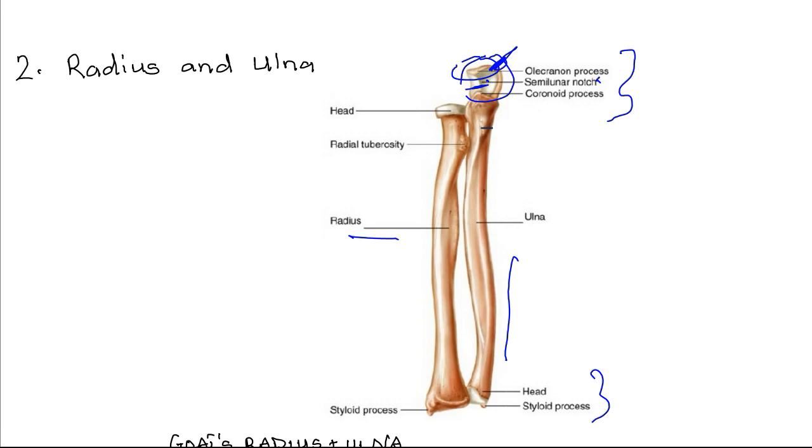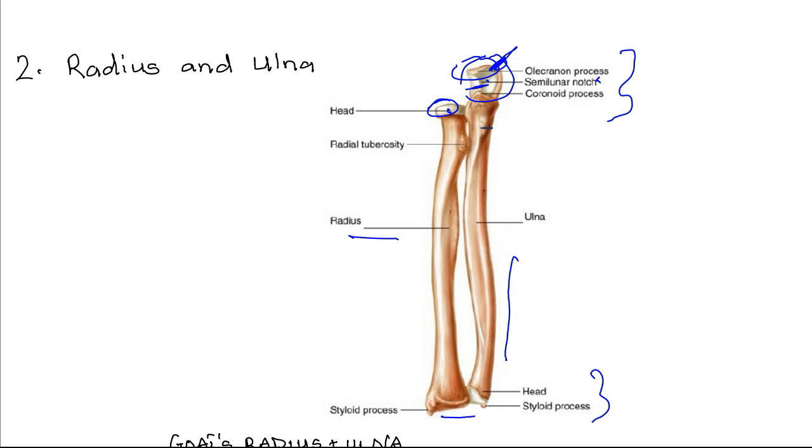The radius does not have such distinctive features. At the proximal end, it has a smooth articular facet that articulates with part of the distal end of the humerus when the arm is stretched or bent.